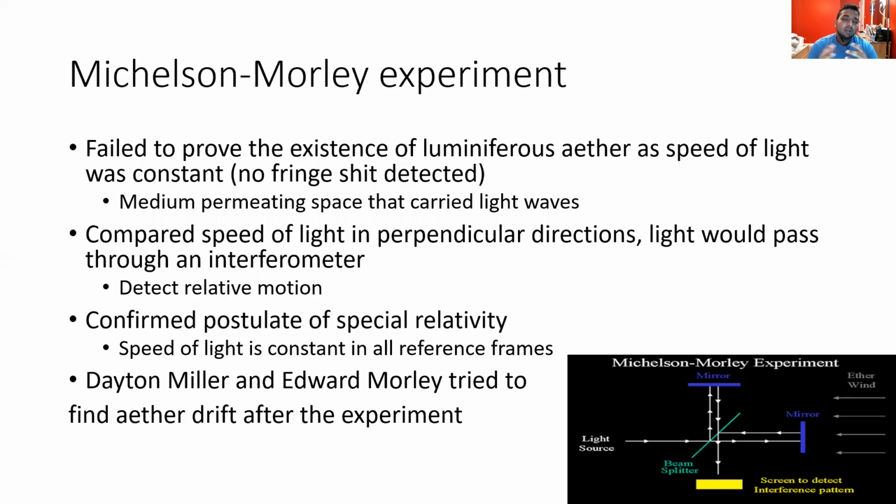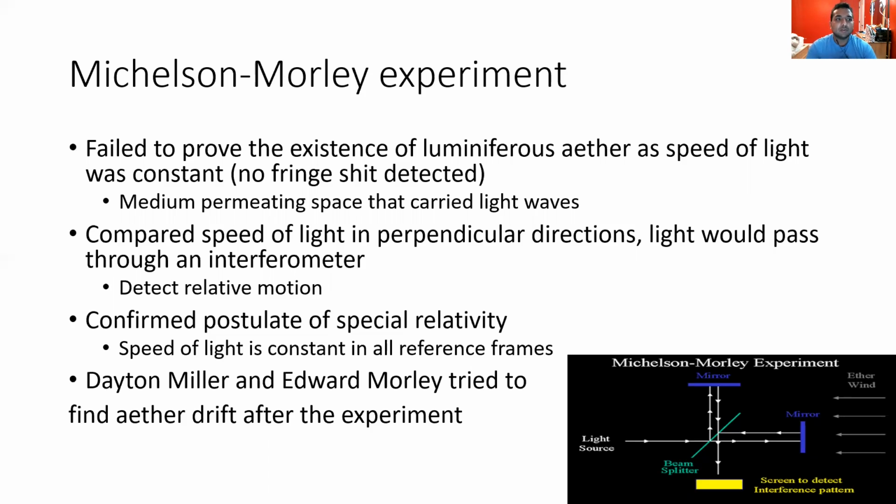To understand what luminiferous aether is, basically it was the accepted medium that allowed light to travel. They didn't really understand how light traveled, so this was the common ideology, and the common acceptance of how light traveled was this luminiferous aether. But as the speed of light was constant in all directions, there was no luminiferous aether drift.